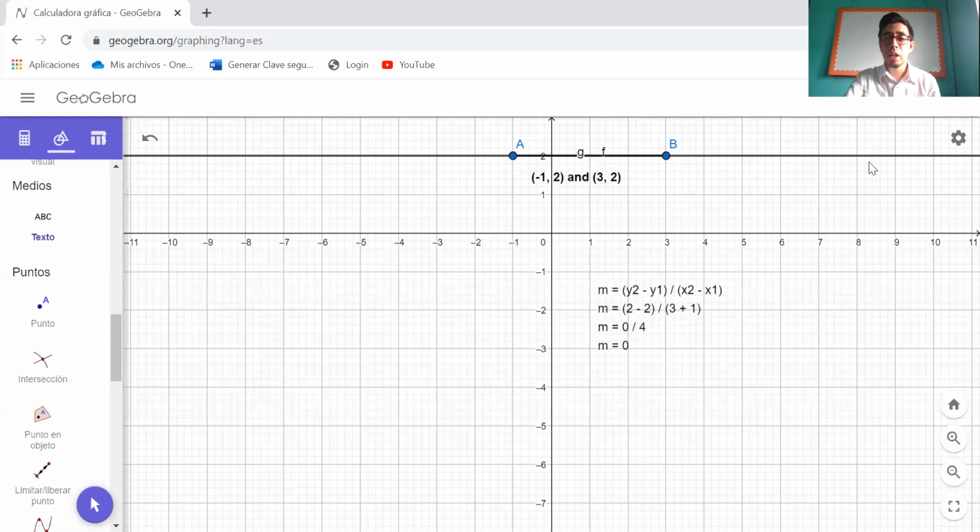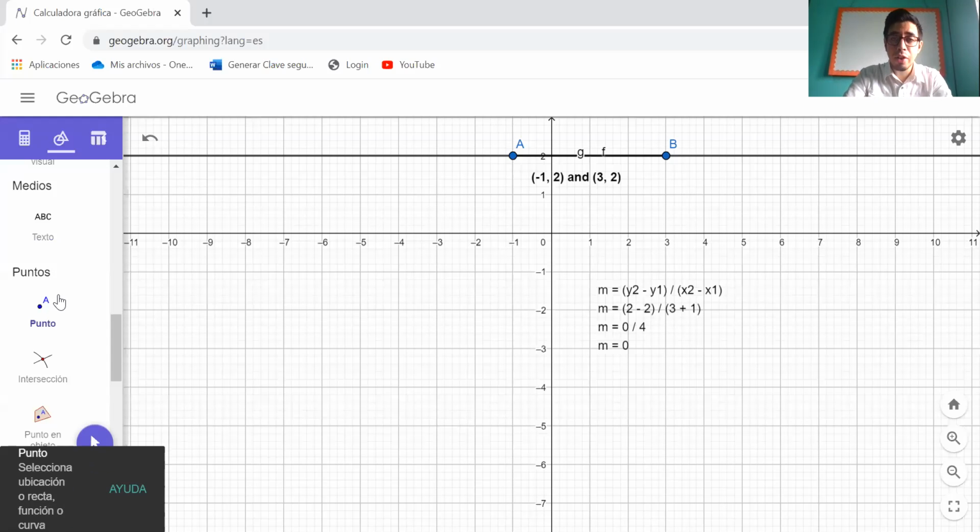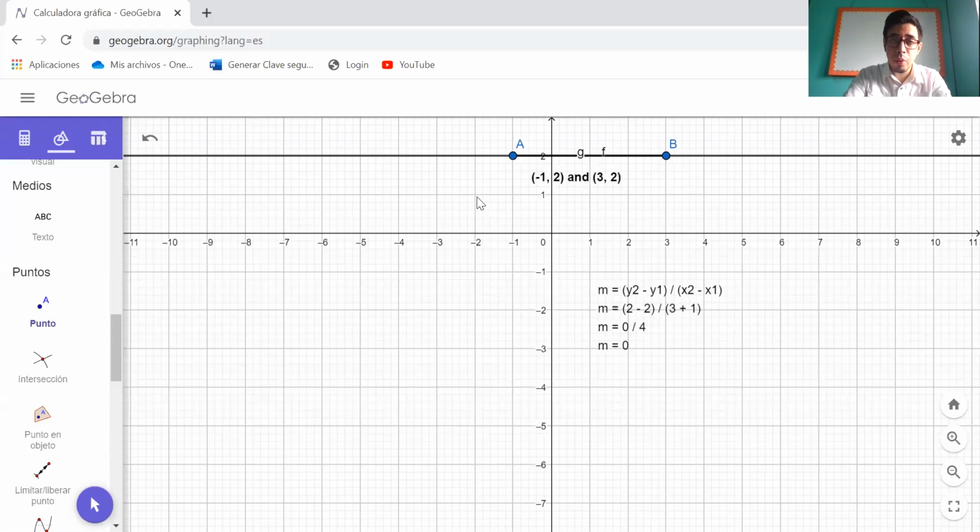And for the other one, when the line is vertical, when we have, for example, I'm going to write the other one in the same place. -2 for x and 1 for y. It's in here. And the other point is -2 and 3.